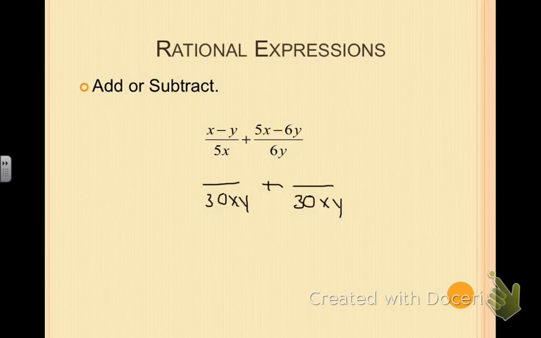So we also need to multiply the numerator, x minus y, by 6y. Remember to distribute the 6y to the binomial x minus y. This gives us an equivalent first fraction of 6xy minus 6y squared.